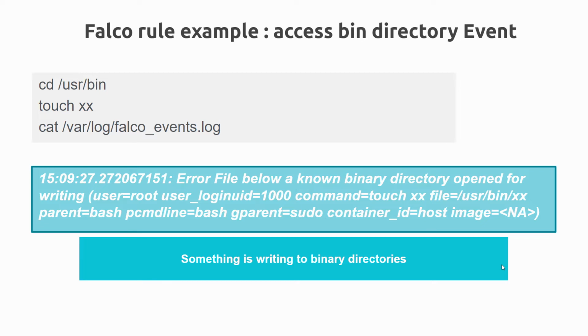And if we look into the Falco events, like in the log files here, you see that what I did, the actions have been recorded and alerted, including the user which did the task, the user ID, which command was used, and what were the parent commands. As you can see here, there was a sudo run before the actual touch command was even used. We can get those kind of informations quite easily with the capabilities of Falco I described in the beginning.